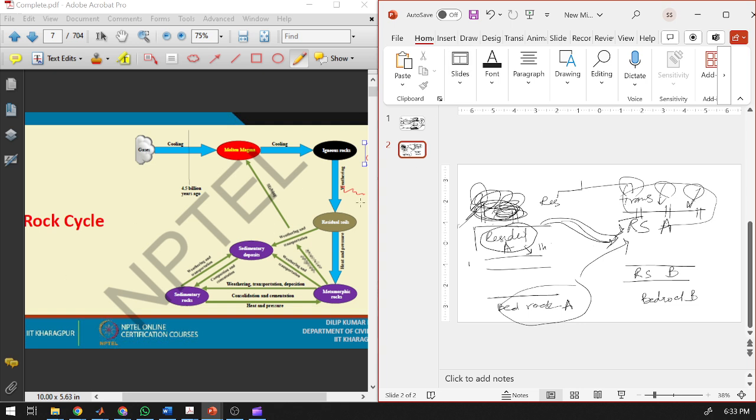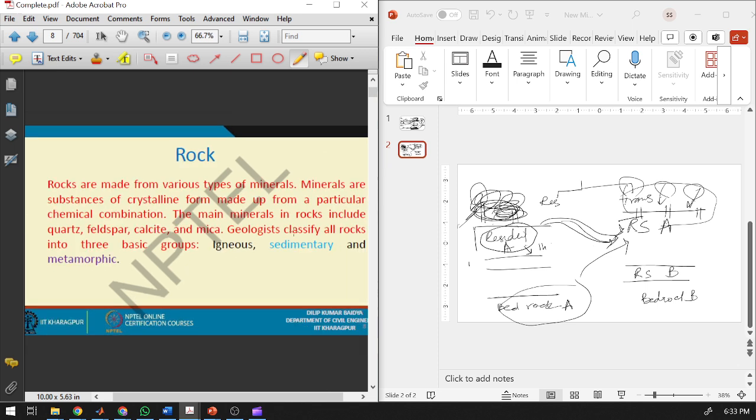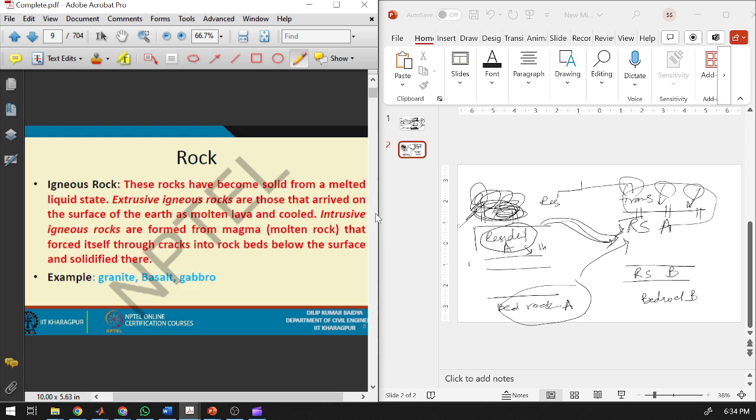Okay, next thing, next part. Rocks are made from various types of minerals, and minerals are substances of crystalline form made up from a particular chemical combination. Main materials in rock include quartz, feldspar, calcite, mica. Geologists classify all rocks into basic groups: igneous, sedimentary, and metamorphic, that we have just mentioned.